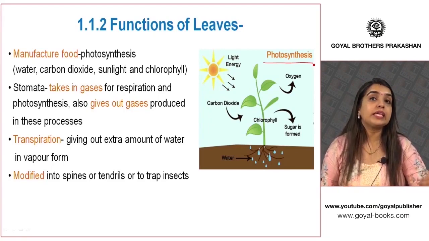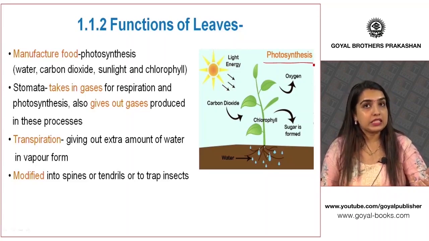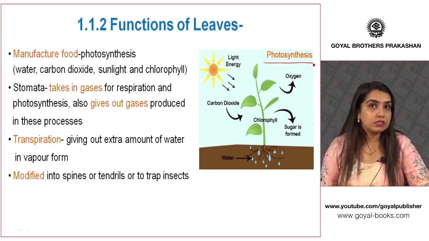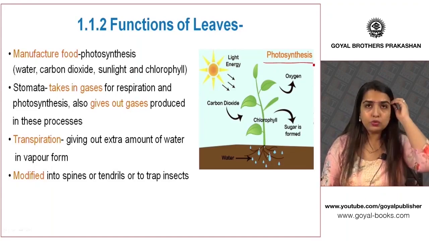And now second, the leaves help in taking in certain gases and giving out certain gases in various processes like transpiration or respiration. Now, how do they do that? Well, I'll show you that.